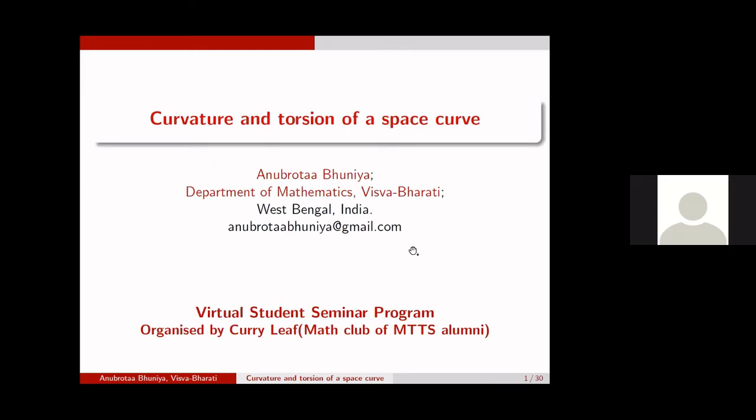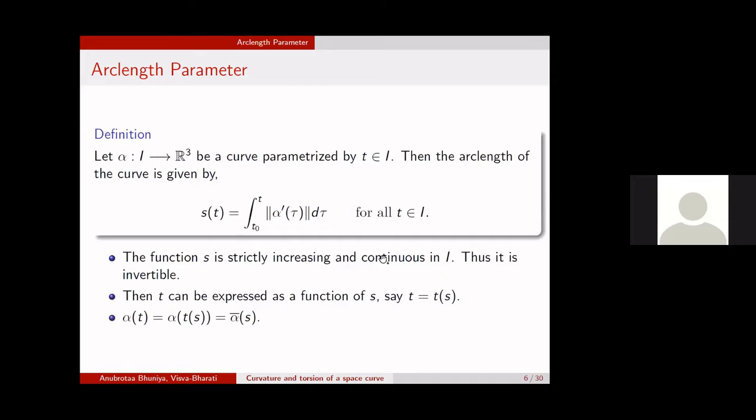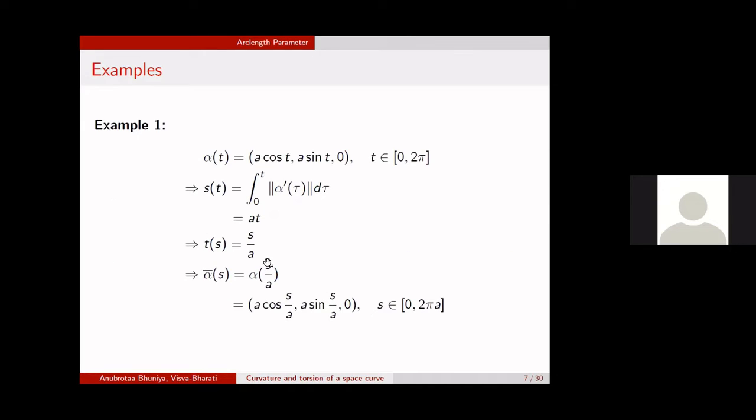But here for s, we don't have to take any initial point outside the curve. We have taken alpha 0 as the initial point, and that is exactly the same wherever we are taking the curve. And alpha t is the same point we are taking on the curve.